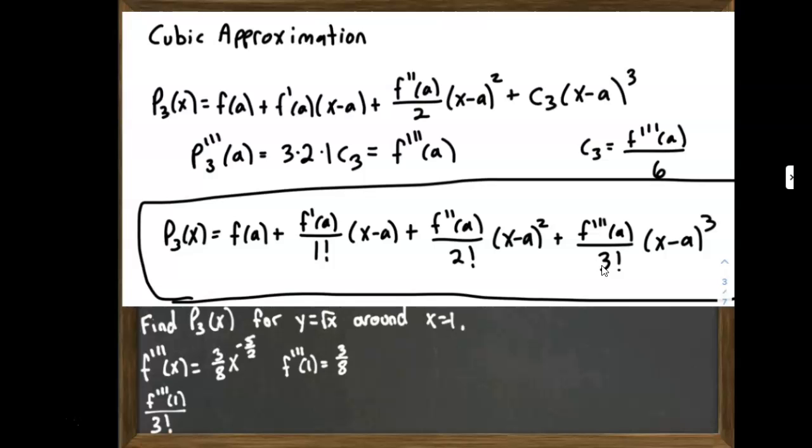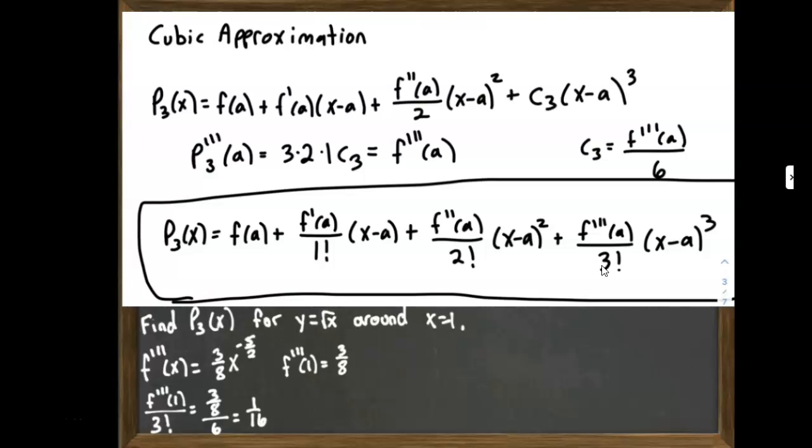And then we're going to take that and divide it by 3 factorial, which is, again, 6. So we're going to have 3/8 divided by 6, which would be the same as 3/8 times 1/6, which would simplify to just be 1/16. So our c3, our coefficient for the third degree polynomial, is 1/16.